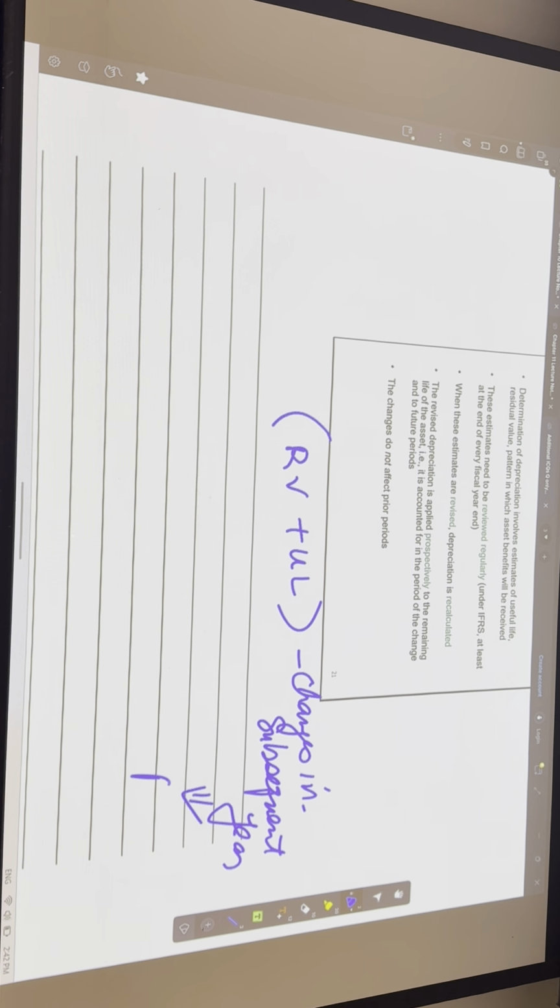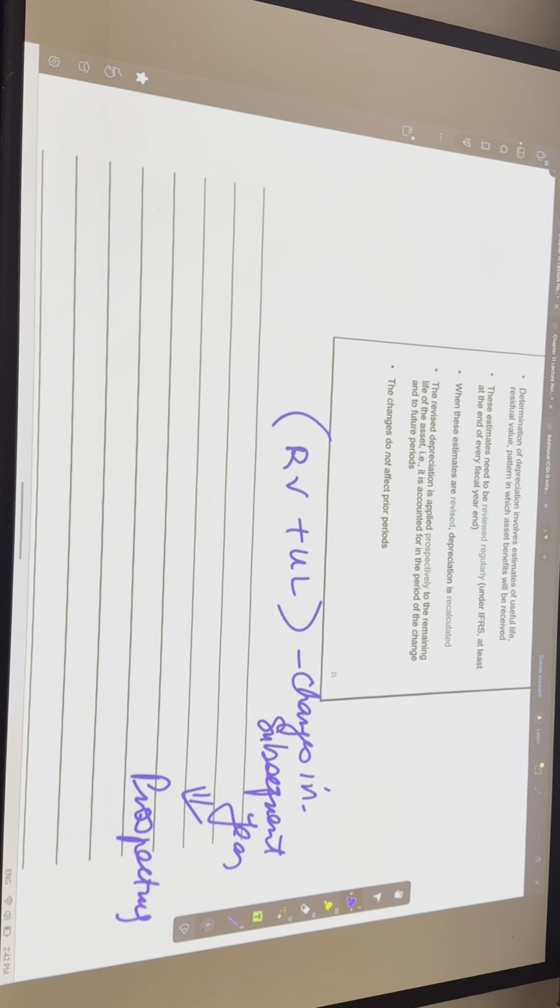This one you handle prospectively. Okay? So it says newfound information. That means that you didn't have that information in the beginning, and now as you use it, you realize, oh my gosh, this is really good, or holy smokes, it's actually not as productive as I thought it was going to be. Then that is prospective.